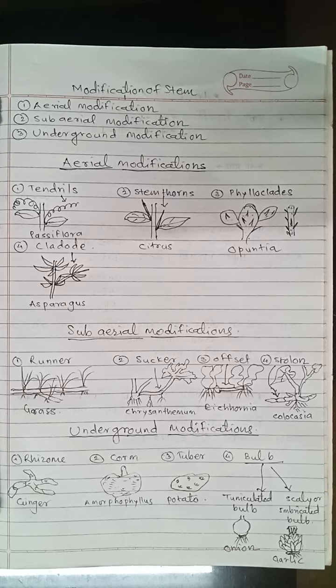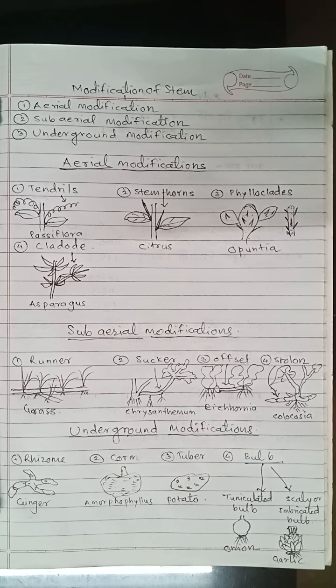Xerophytes show many adaptations to check the rate of transpiration. Reduction of leaf size, early leaf fall, formation of scale leaves, spines, thorns, thick cuticle, presence of few stomata are some of the xerophytic characters.